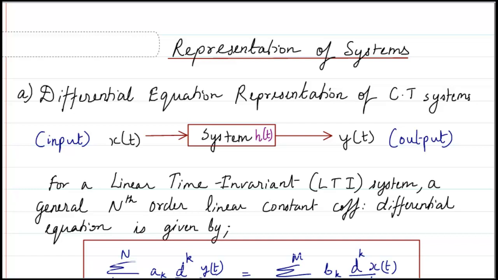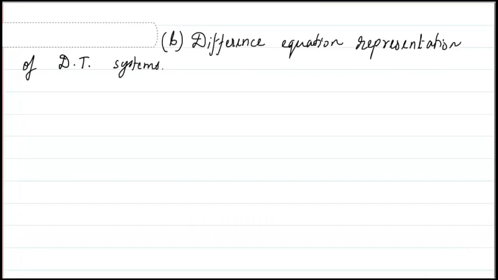Similar to the continuous time system, we will have this for the case of discrete time system. So for a discrete time system, we have a difference equation representation. It is different from a differential equation. So the difference equation is different, the differential equation is different.